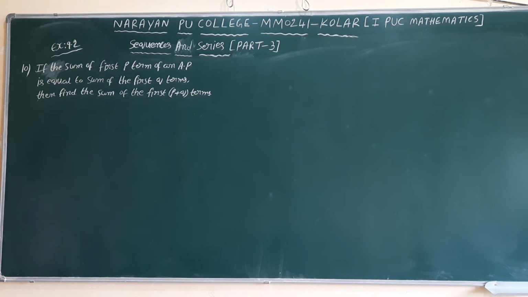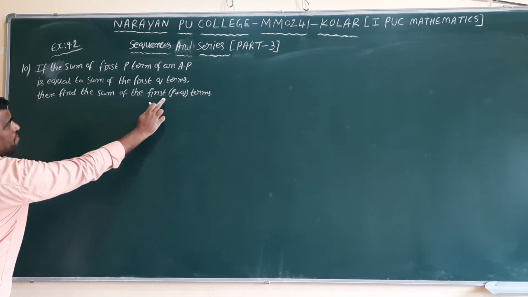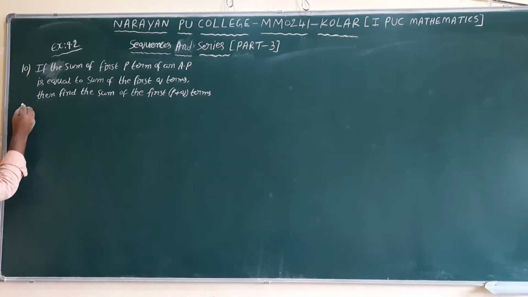Here the sum of p terms is equal to the sum of q terms, meaning Sp equals Sq is given. From that, we need to calculate the value of S p plus q.